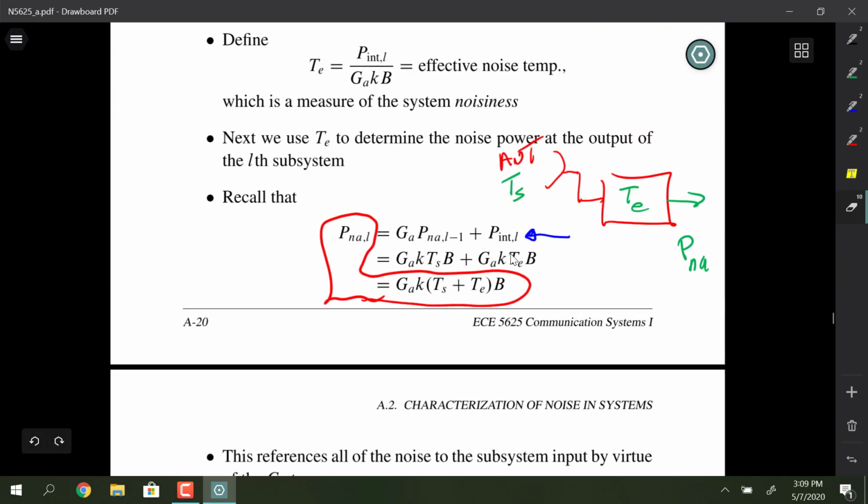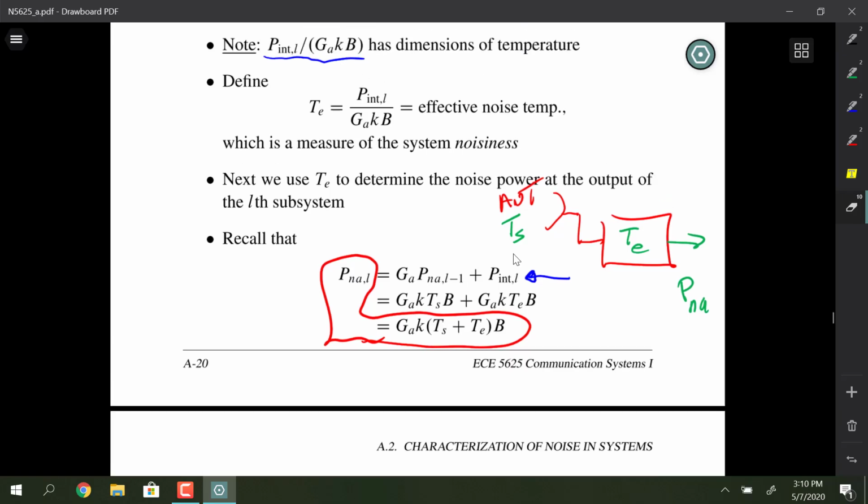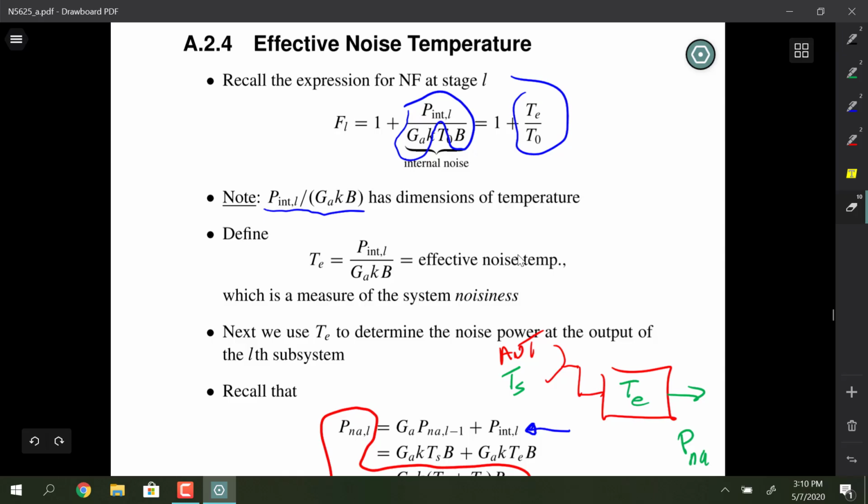So we left off with this relationship, which will be used in a number of the homework problems and examples, that tells us what the noise power available from the output of a system is, given its noise temperature, TE, and the relationship between TE and noise figure is really established right here. I didn't really point that out. It shows up, I think, in the next page.